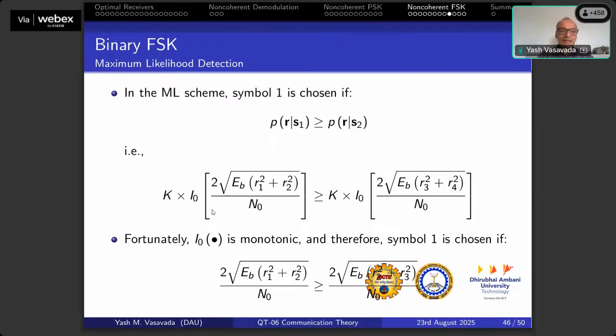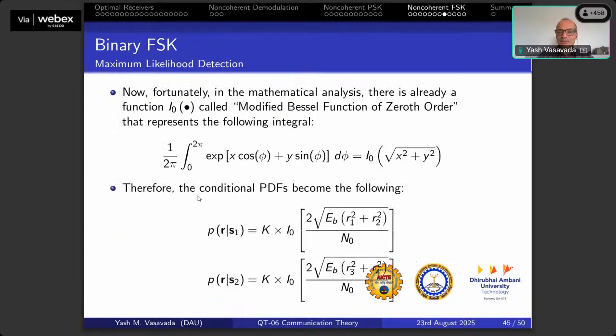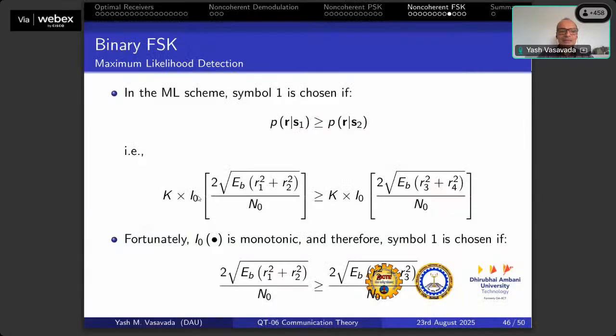Secondly, even the I0 function, that modified Bessel function of zeroth order, also goes away because it is a monotonic function, meaning that if R1 squared plus R2 squared is bigger than R3 squared plus R4 squared, then only this I0 function will become greater.